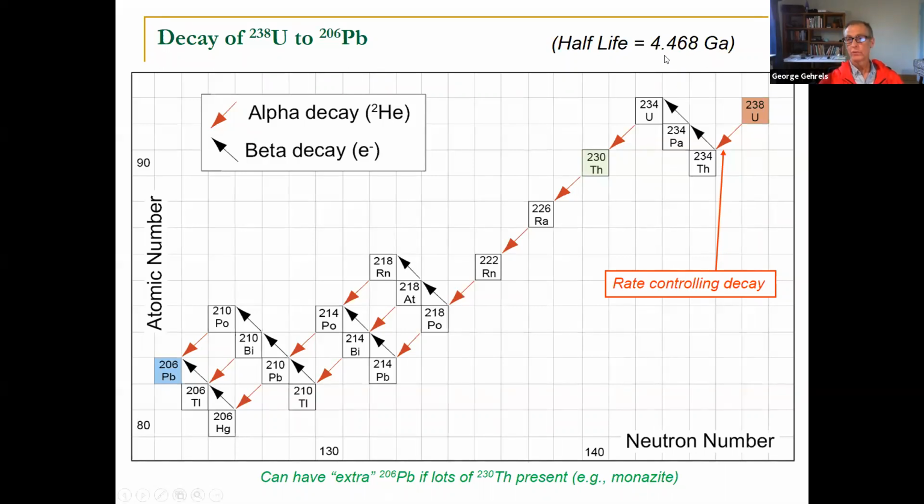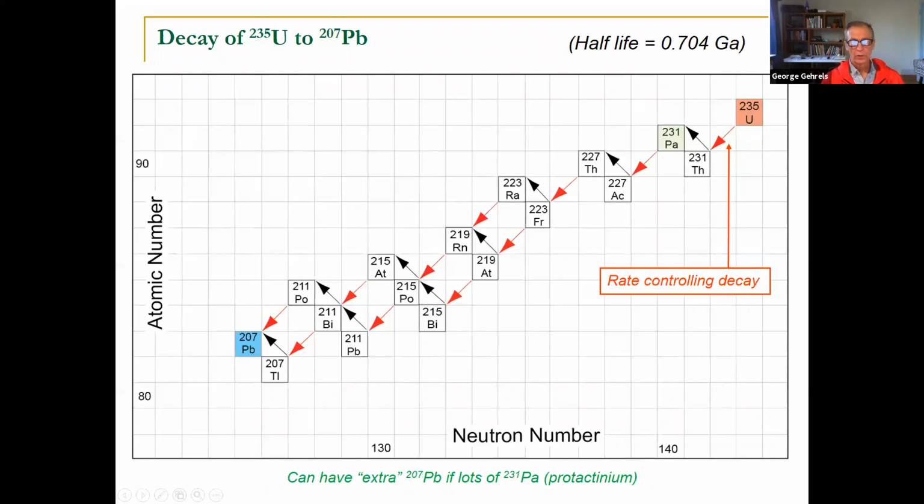And the half-life, this is the important part, it's about the age of the Earth, just by coincidence. 4.5 billion years is the half-life. And so here's our second decay system, that uranium-235 decays to lead-207. It has a much shorter half-life, about 700 million years. And this is going to be really important. I think this is an essential part of understanding how geochronology works, is that we have 2 different chronometers, 238 and 235.